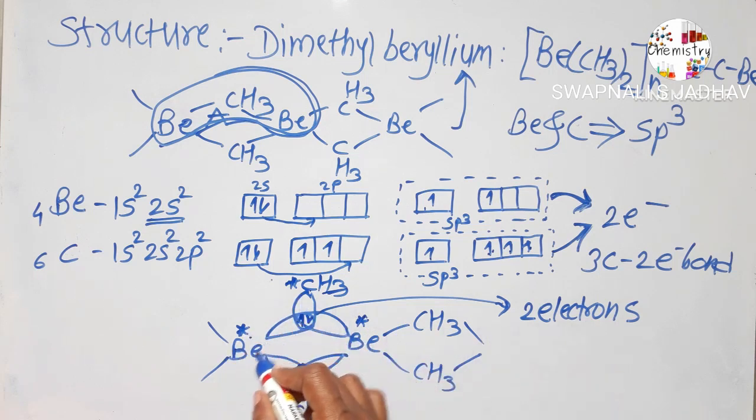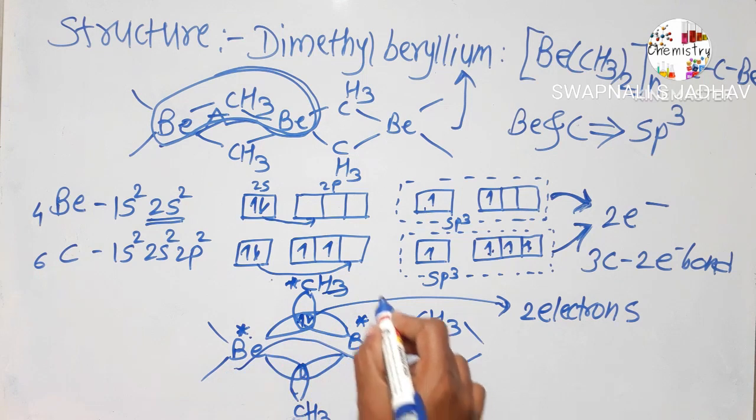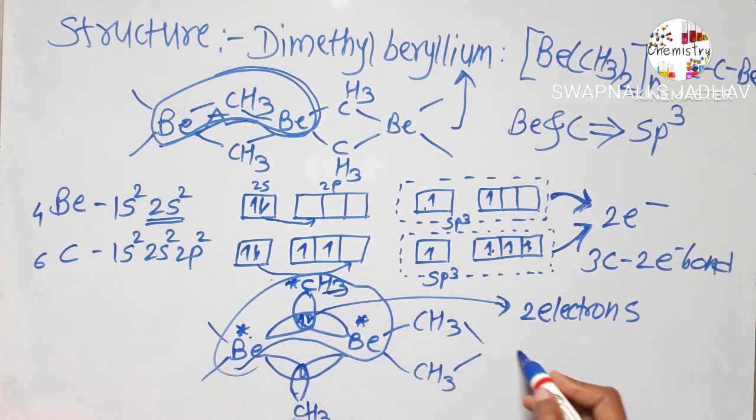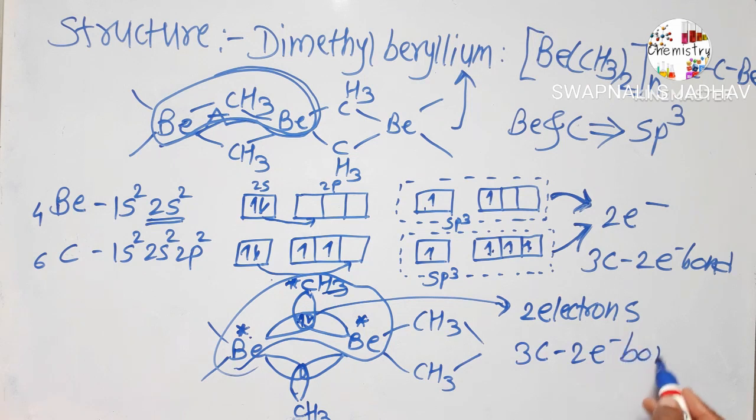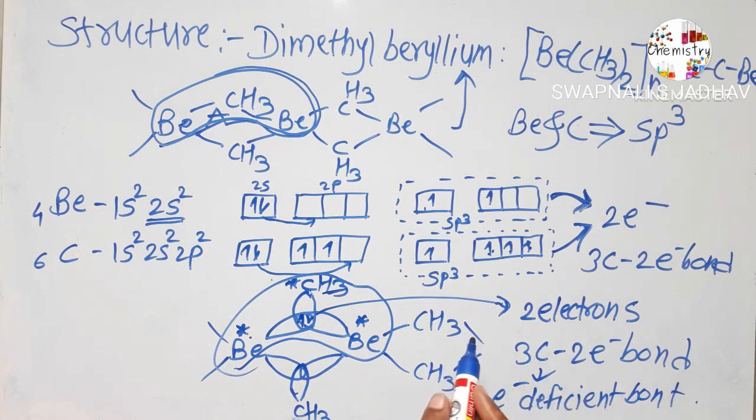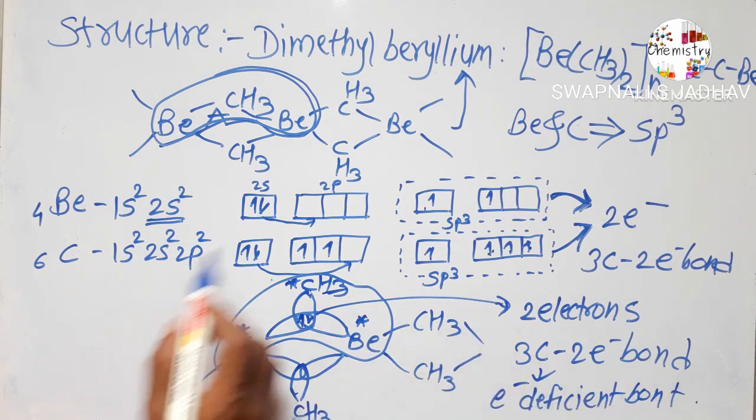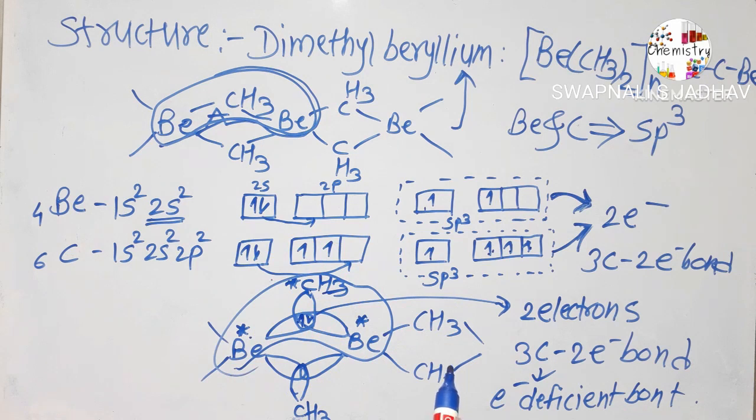So that bond is known as the 3-centered 2 electron bond. This is the bond formed in dimethyl beryllium, and it is known as the electron deficient bond. This is the structure of polymeric dimethyl beryllium.